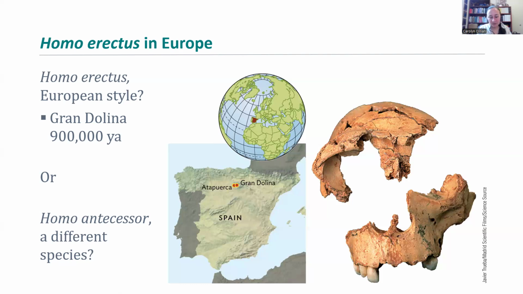Now, some researchers have said that this Homo erectus to Neanderthal transitional species should be called Homo antecessor. Others have argued it's a regional variant of Homo erectus, but a lot of people are thinking that this may be a bridge between Homo erectus and Neanderthals, Homo antecessor.